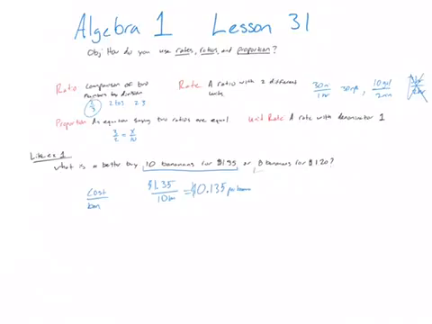In the red, again we want cost per banana. So we're going to do $1.20 divided by the 8 bananas. This comes out to be, if you use a calculator or do your long division, either way, 0.15 per banana.